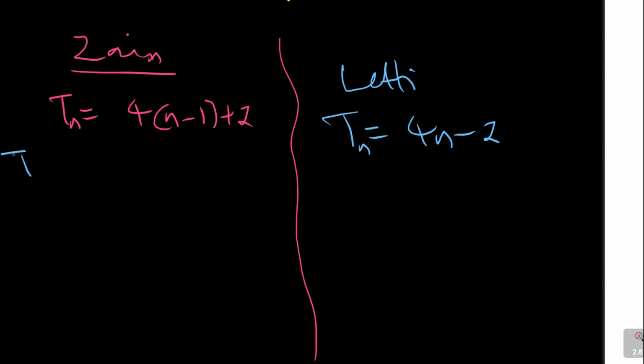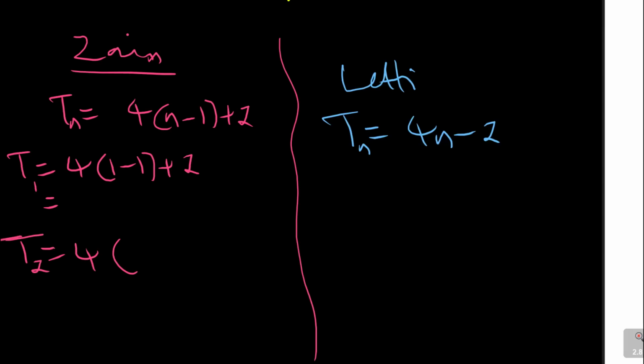Now you go and say here, T1 is equal to 4 into 1 minus 1, plus 2. Okay, you get the answer. Then T2 is equal to 4 into 2 minus 1, plus 2, and then you get the answer.